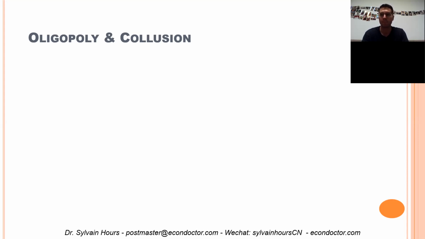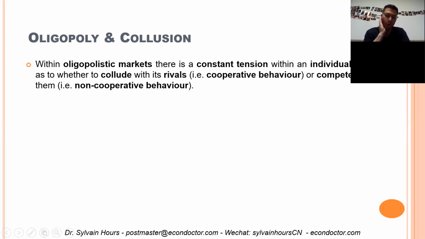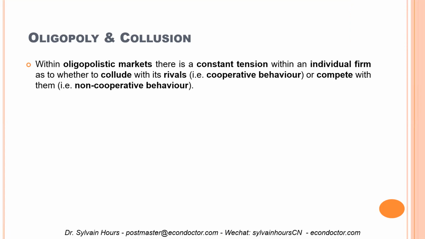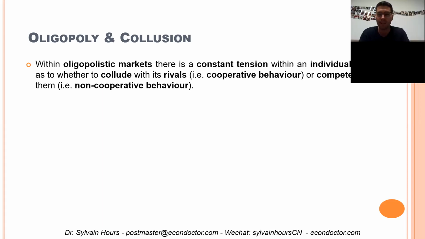So when you are a firm operating in an oligopolistic market, there is a constant tension within an individual firm as to whether to collude with its rival, which we call cooperative behavior, or to compete with its rival, which we call non-cooperative behavior.